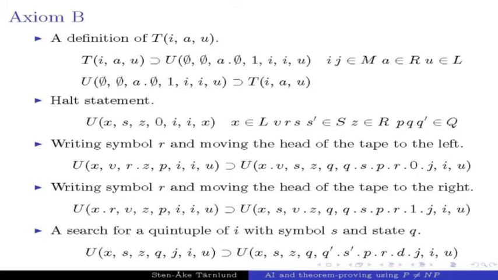Okay, so without going into some details, this first statement is a halt statement. So when the machine comes to this state, the 0 state, it stops. Then it has an output. So what it has here on the left part of the tape, that becomes the output. So this is kind of a logic program, if you like.